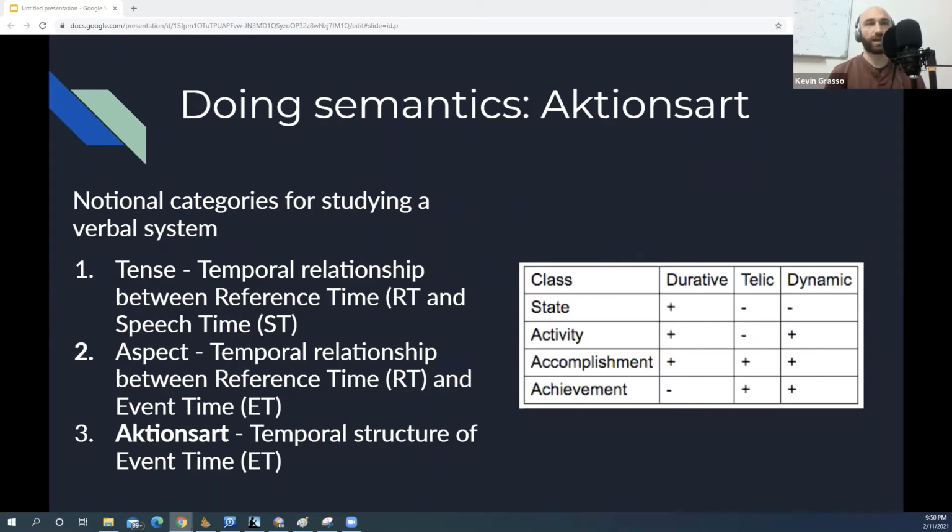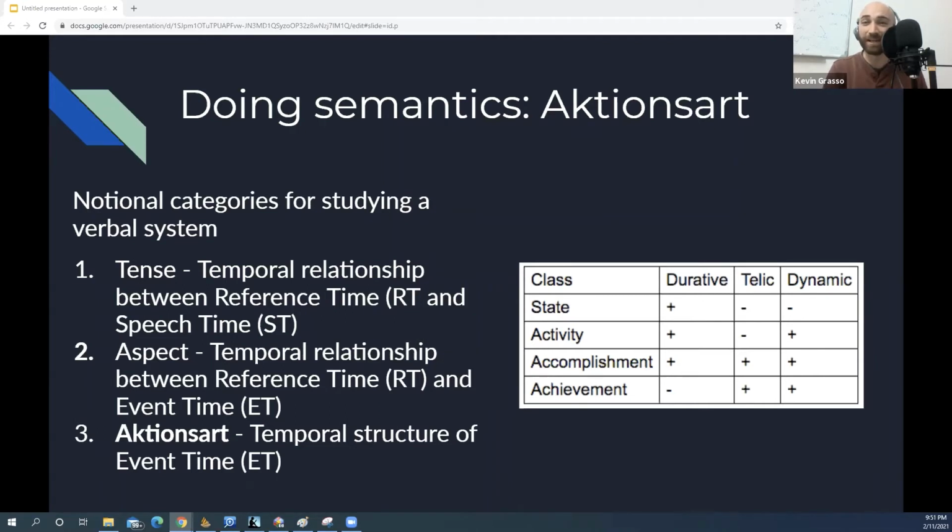So action start is a category that is basically the temporal structure of the event time. I'm wondering how much to get into how it's defined within particularly biblical Greek studies. I'll just say that if you go to Wikipedia and look up action start, that definition will not match up with the many scholars in biblical Greek.